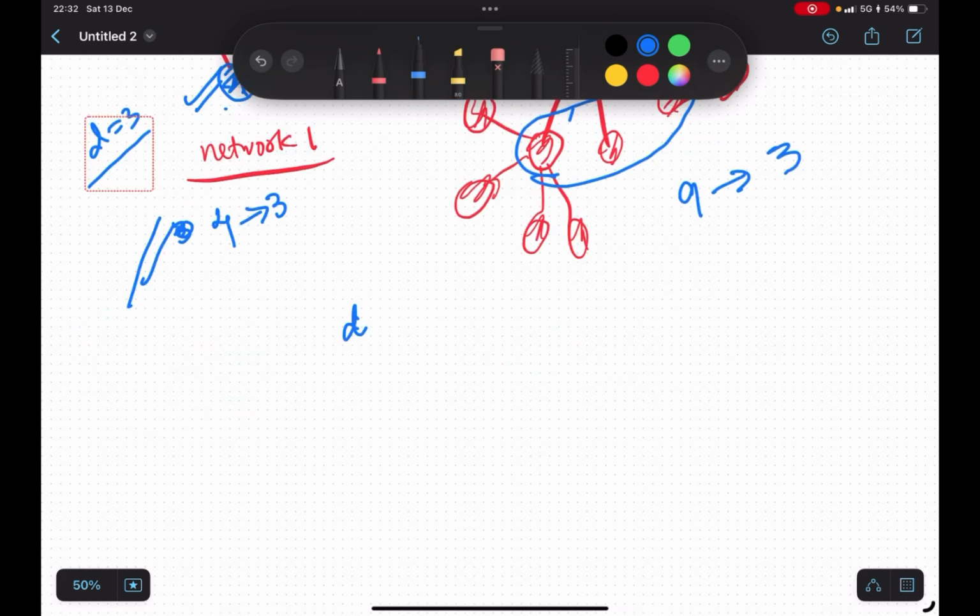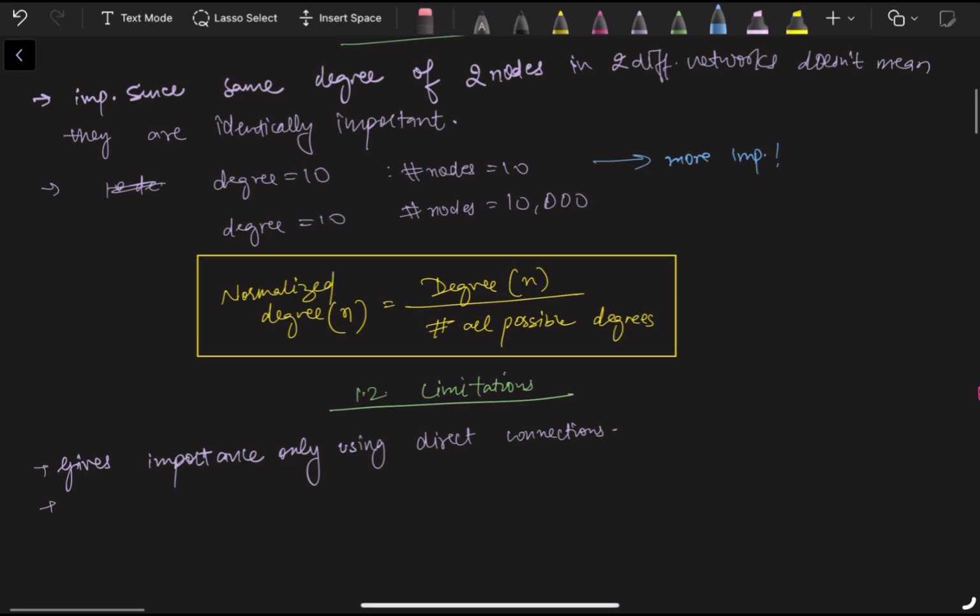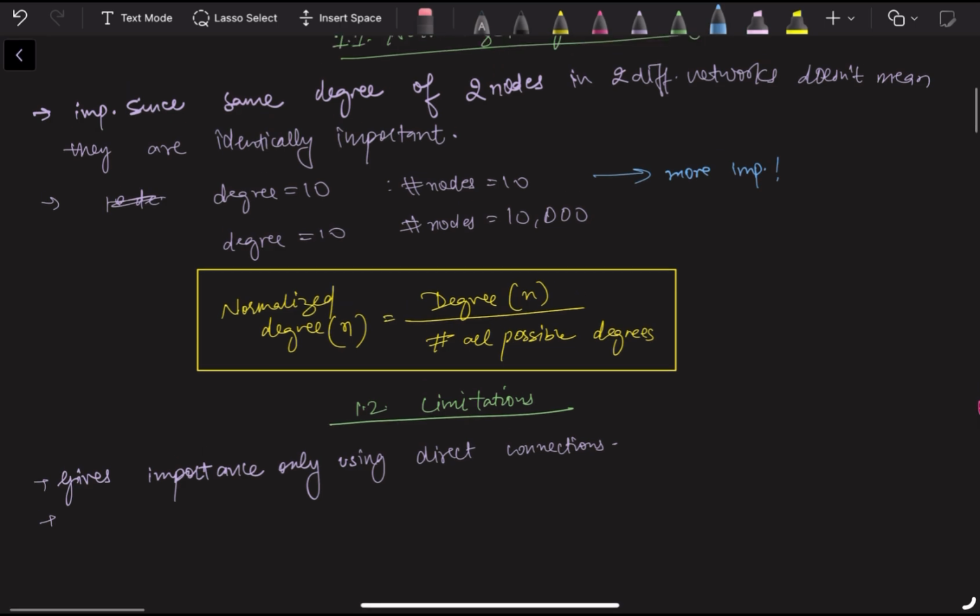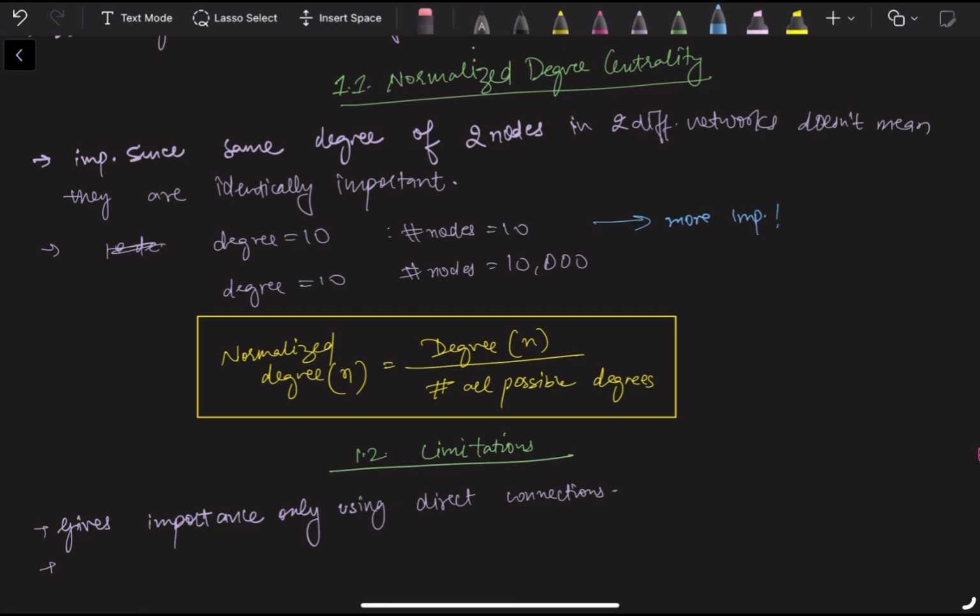So just using degree centrality is not a very good idea. Hence, if we want to compare two graphs, we normalize it. We take the degree and divide it by all the possible degrees. This is how we normalize a degree. This is important, since the same degree of 2 nodes in 2 different networks doesn't mean they are equally important.